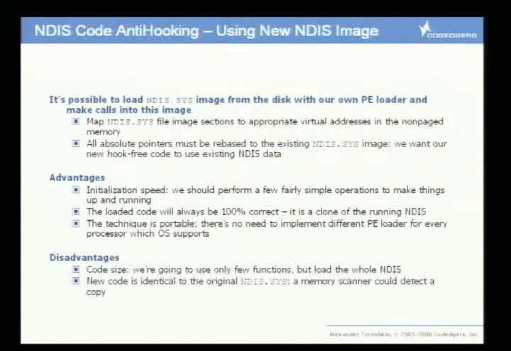To do this, we load this image from the disk with a PE loader like in the previous solution, but we fix all absolute pointers of this image to the existing NDIS.sys image, because we want our new hook-free code to use existing NDIS data. We're just cloning the code, but we leave data pointers in original state.